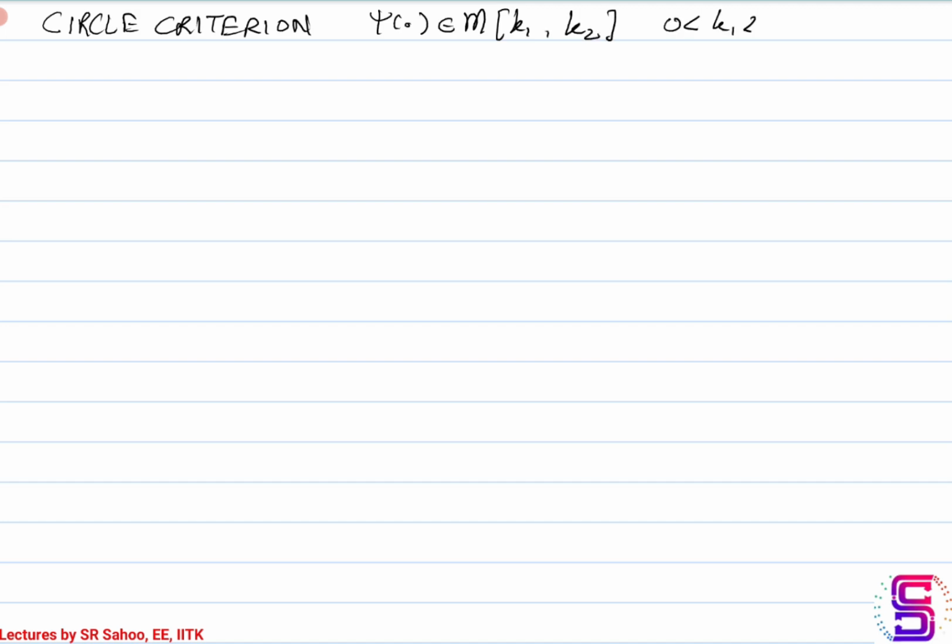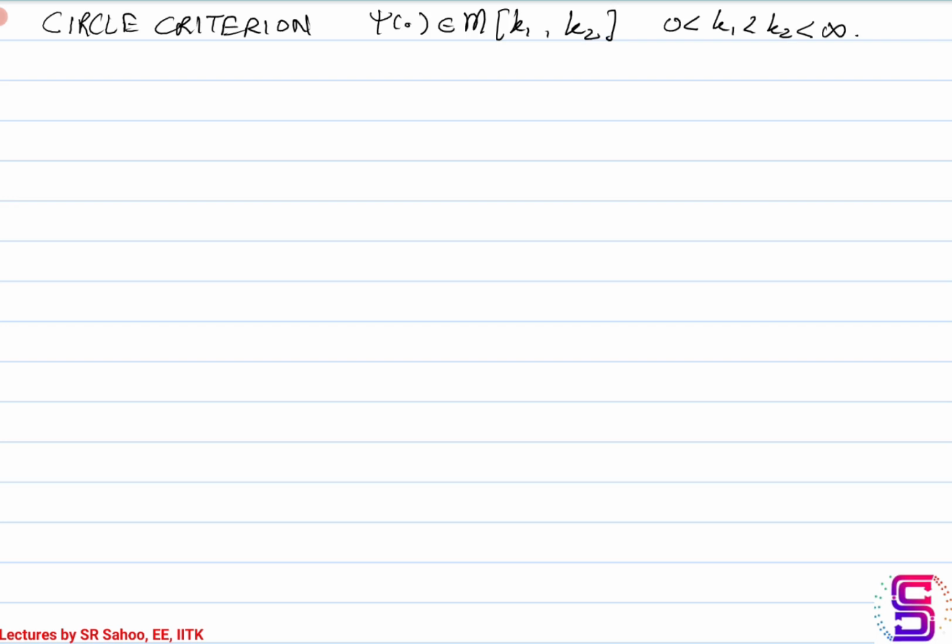So we have seen what the circle criterion is when we have a sector nonlinearity that lies in the sector given by the positive slopes k1 and k2.